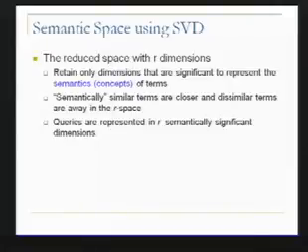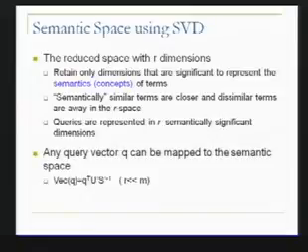So once you have the representation, you can compare topics of terms in this semantic space. Now, we have a way of converting queries to points in the semantic space using this equation. Also note that the number of dimensions here is R, which is very small compared to m, the number of documents.